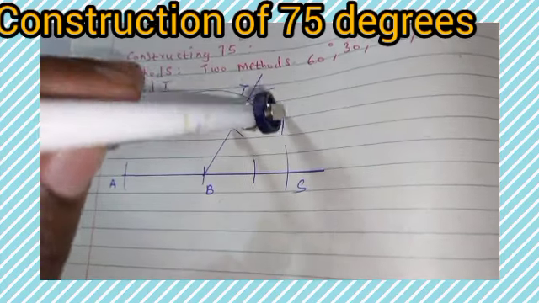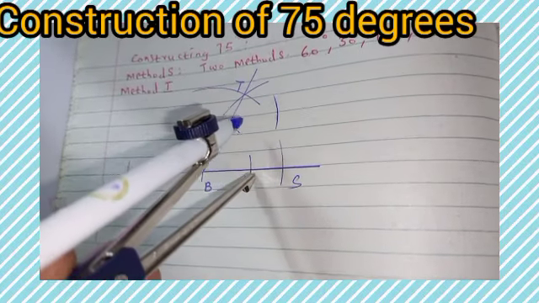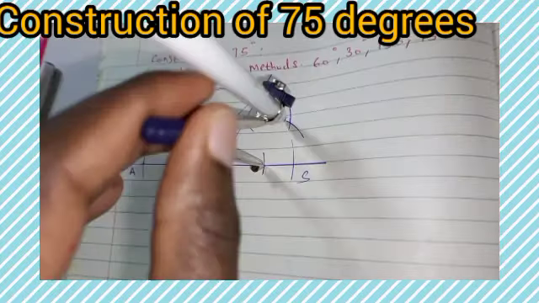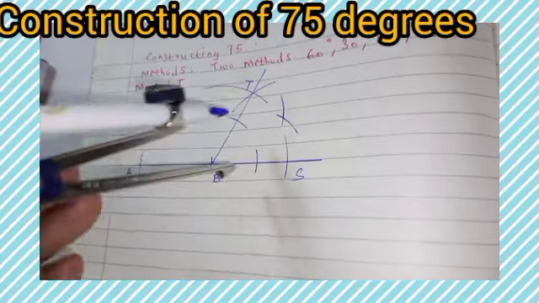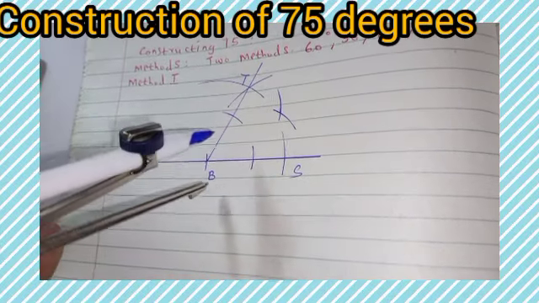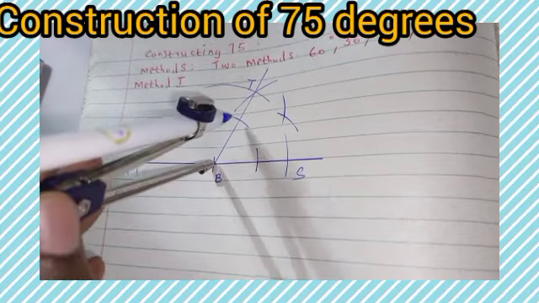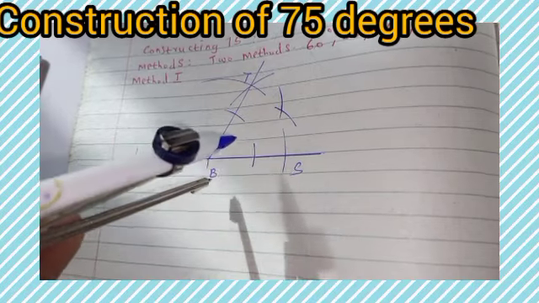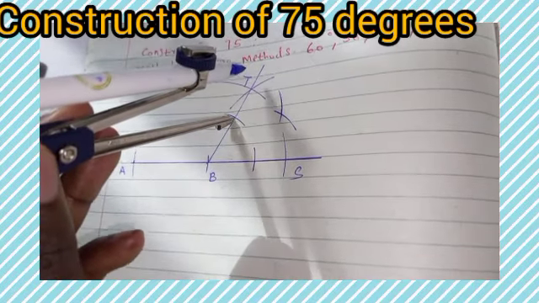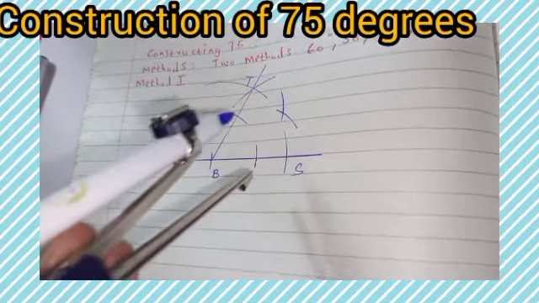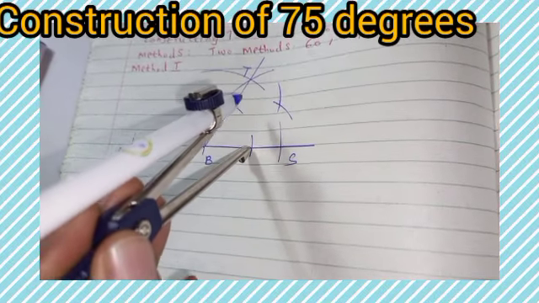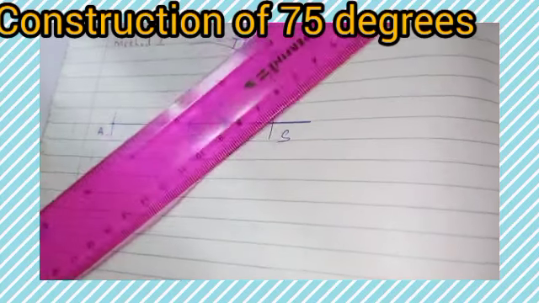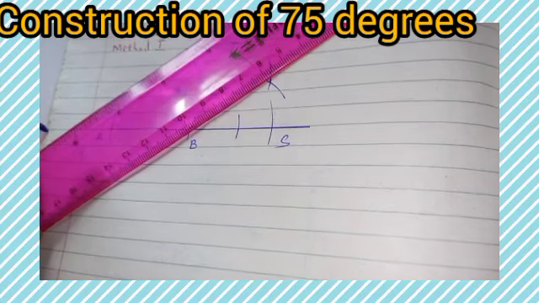With your pair of compass at point B, make an arc along line BT, and with your compass at the arc make another arc as shown. Then you join the point of intersection to point B with your ruler as shown.